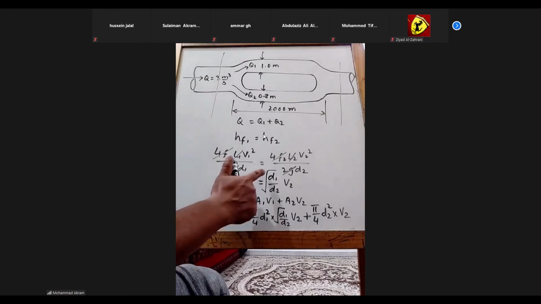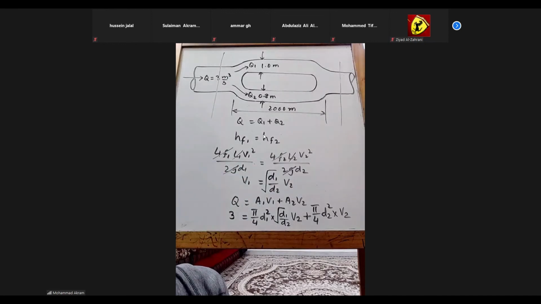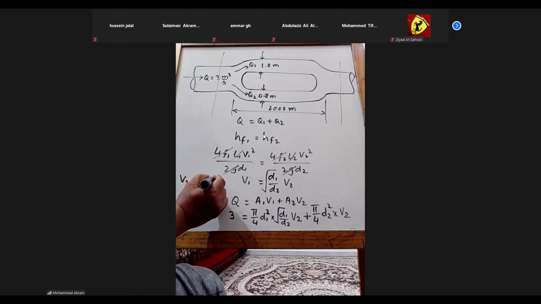If you put it here, you will get V1. So V2, you got 5.9355.